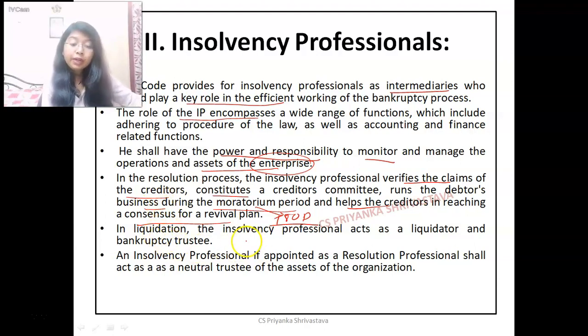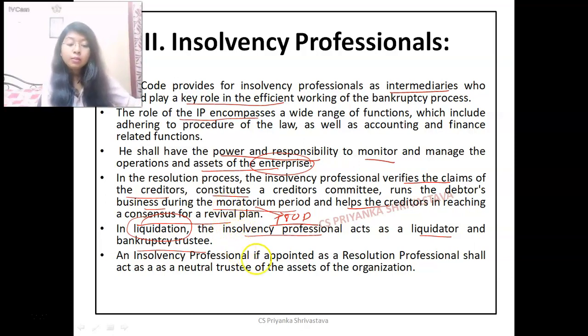In liquidation, when the company goes into liquidation, this insolvency professional also acts as a liquidator and as a bankruptcy trustee. So when a company goes into liquidation, the insolvency professional also has a role. He becomes the liquidator of the company and an insolvency bankruptcy trustee.